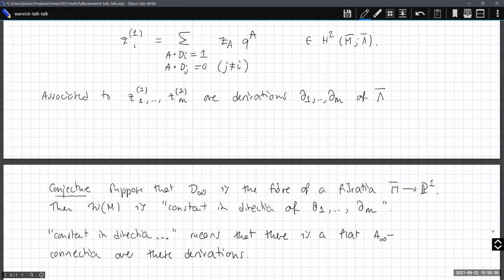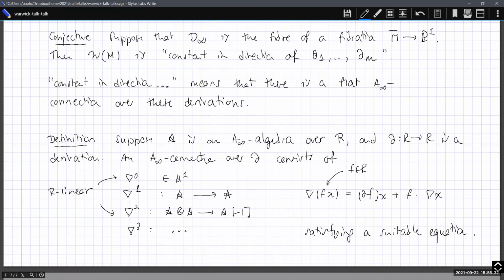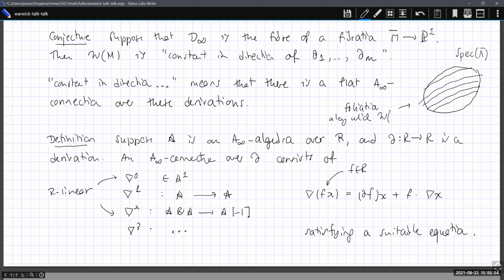Let me draw a small picture here somewhere. Okay, so this is spec lambda bar. And you have a sort of foliation along which the Fukaya category remains infinitesimally constant.